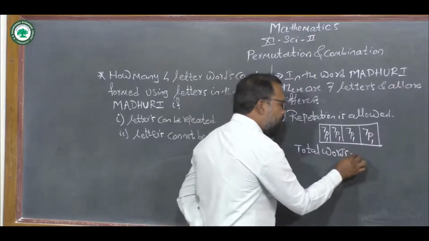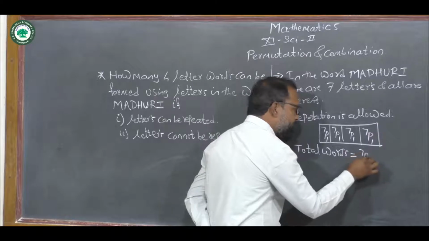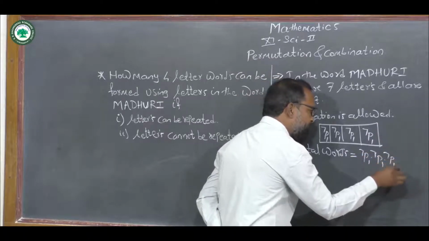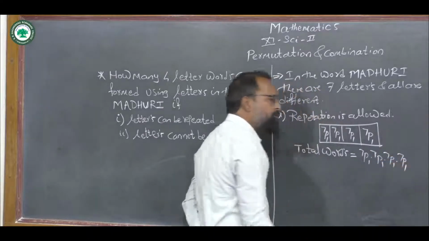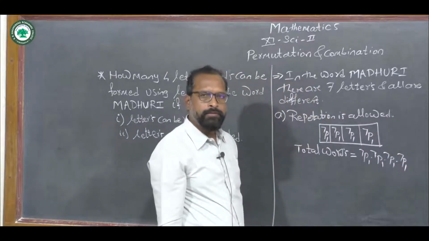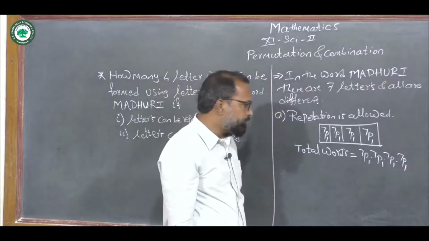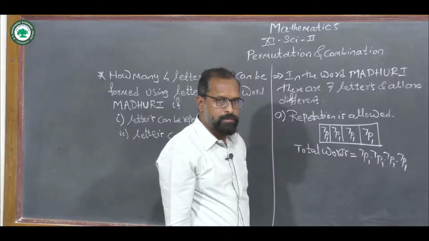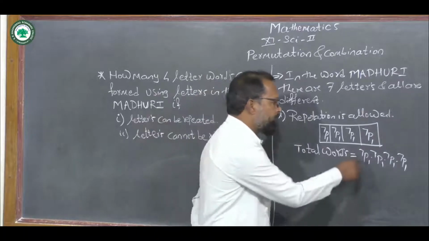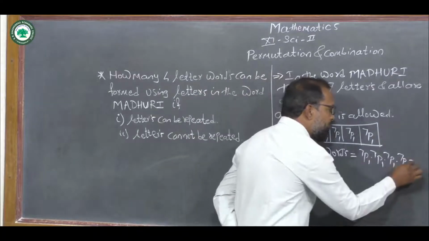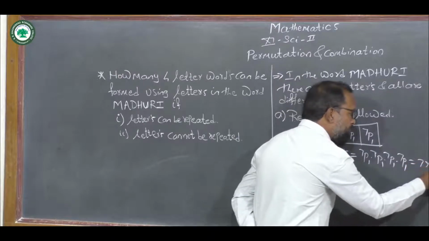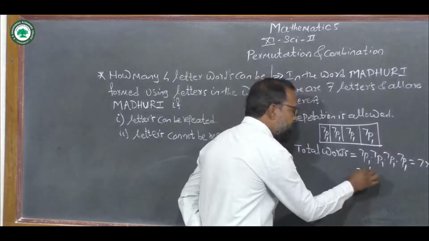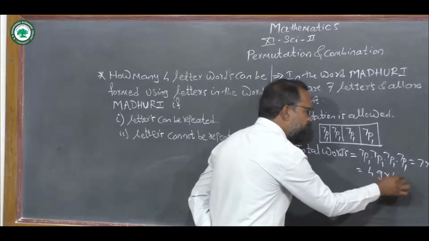words are equal to 7P1 into 7P1 into 7P1 into 7P1, and we know that nP1 is n, so 7P1 is 7. So it becomes 7 into 7 into 7 into 7. This can be written as 49 into 49.